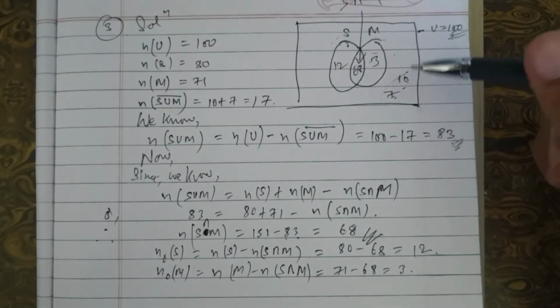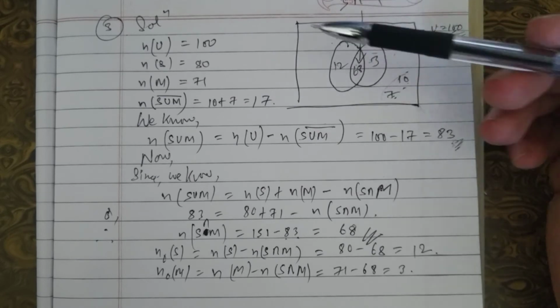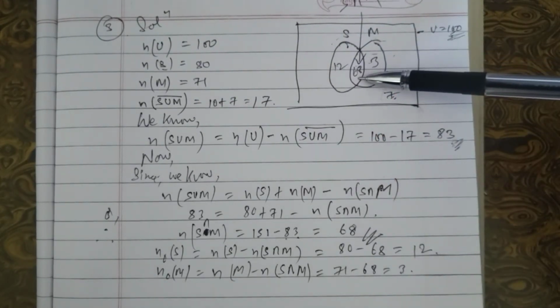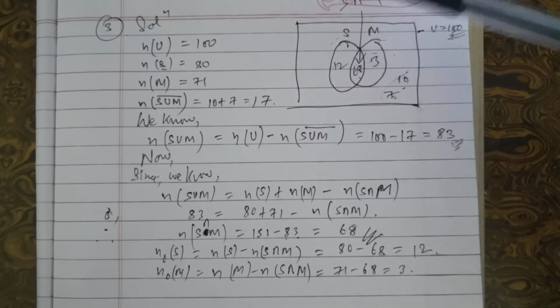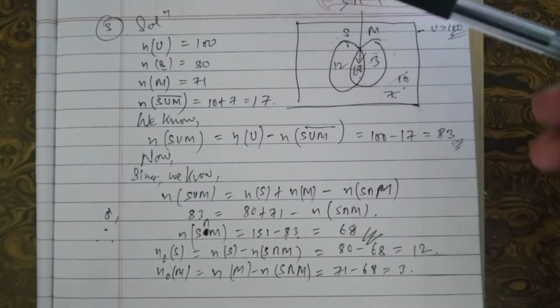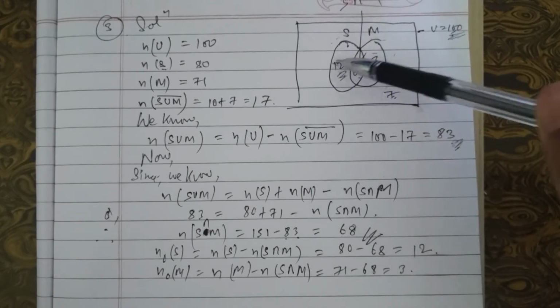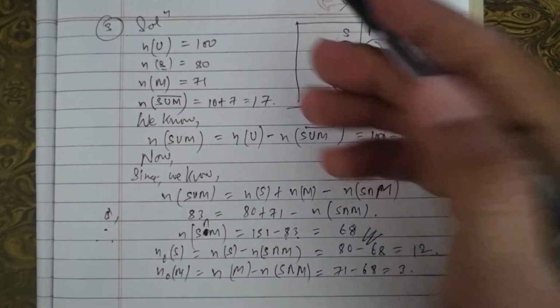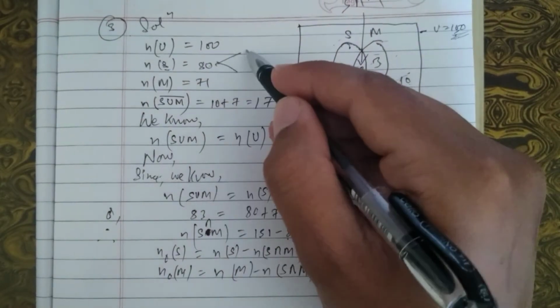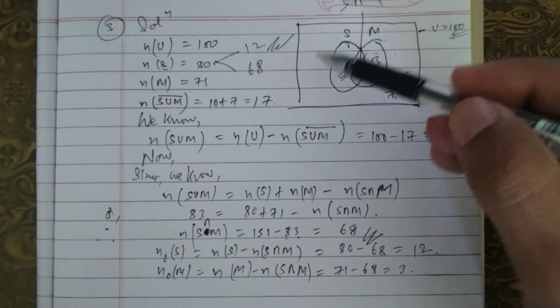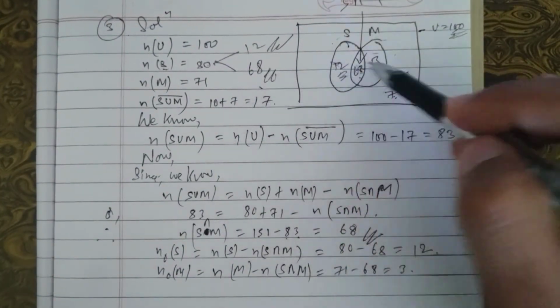So as I've said, the S includes the number who have passed in both science and math, right? So since only 12 students passed in science only, we need to separate this 80 into two numbers. Okay, one is 12, one is 68. These are the people who passed in science only, and this is the people who passed in both.